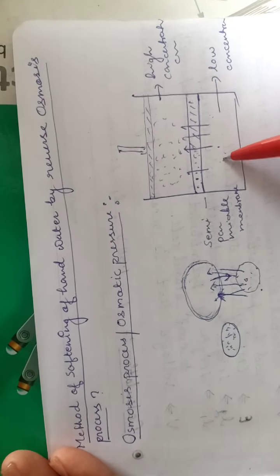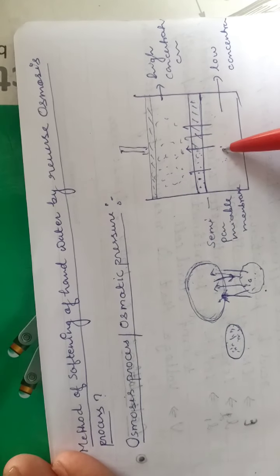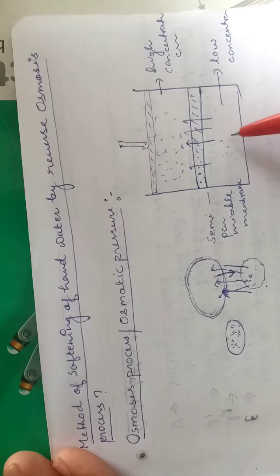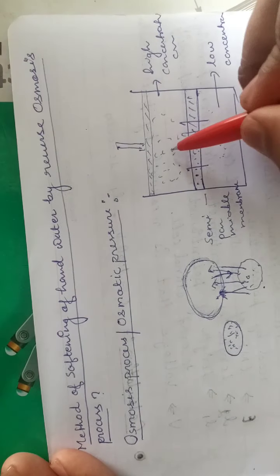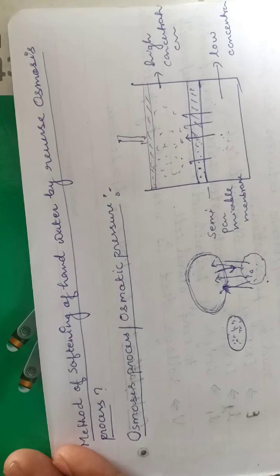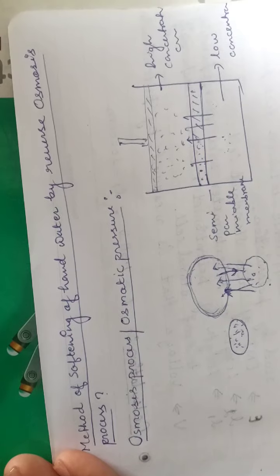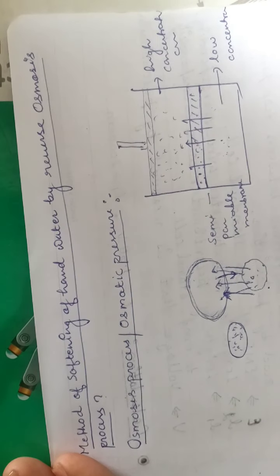The pressure exerted on the semi-permeable membrane due to this movement is called osmotic pressure, and this phenomenon is called the osmosis process.